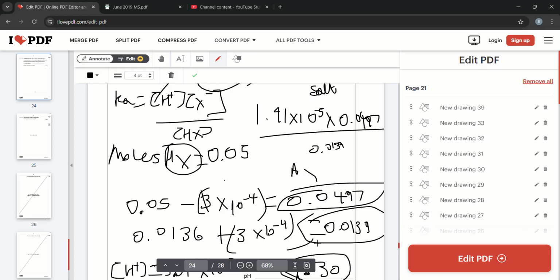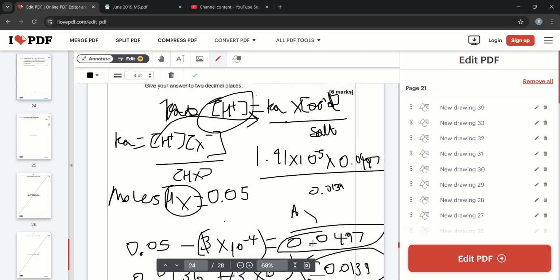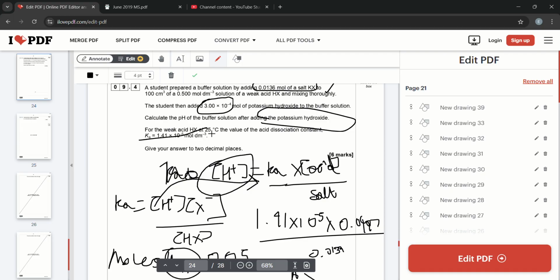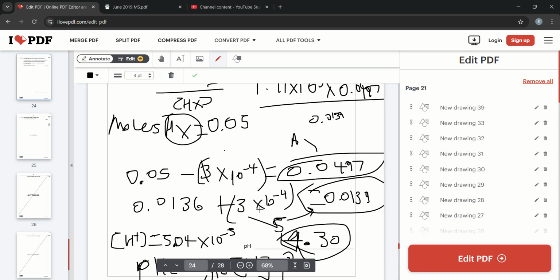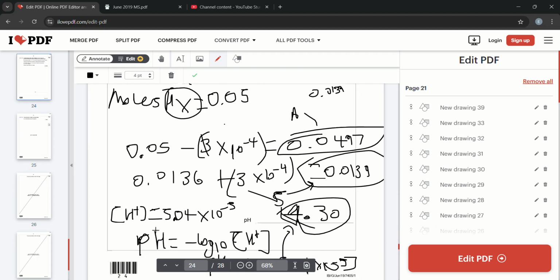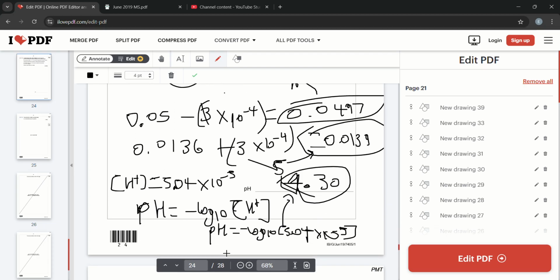And the salt is 0.0136 plus 3 times 10 to the power minus 4, 0.0139, that's the salt. Substitute into the equation, with Ka already given in the question, 1.41 times 10 to the power minus 5. We get the concentration of H plus, and then use the equation pH equals minus log10 H plus.